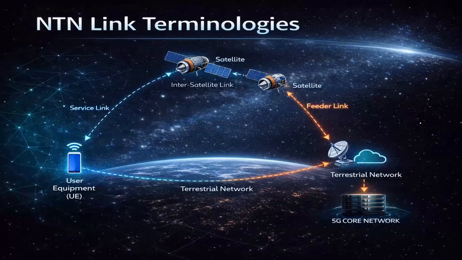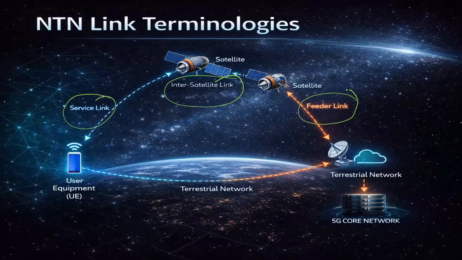Before jumping in, you have to learn some important links, which we will discuss in detail later. We have the service link, the inter-satellite link (ISL), and the feeder link.